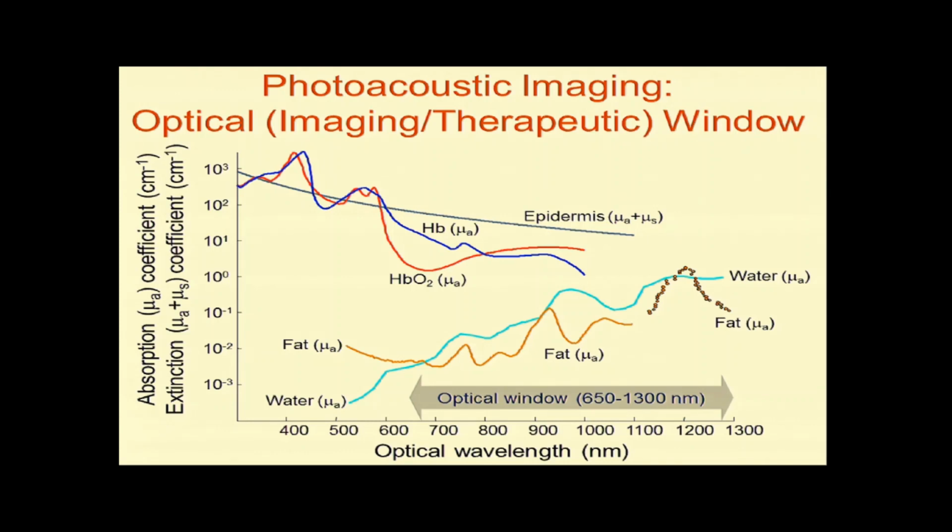So if I look at the broad spectrum of optical wavelengths, I really need to be somewhere here, in what we call the optical window of the tissue, ranging between 650 to maybe 1300 nanometers, but that is loosely defined. The reason we don't want to be in this range is because every macromolecule in the tissue will absorb badly, which means, again, no penetration. The reason I don't want to be here, and even at maybe 1100 nanometer wavelengths, is because not many things absorb and there's pretty much no contrast.